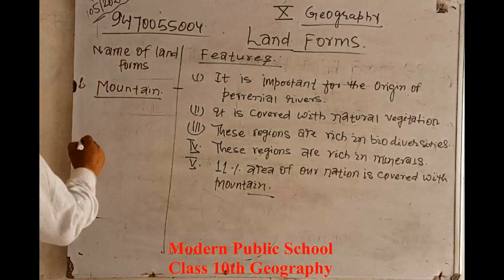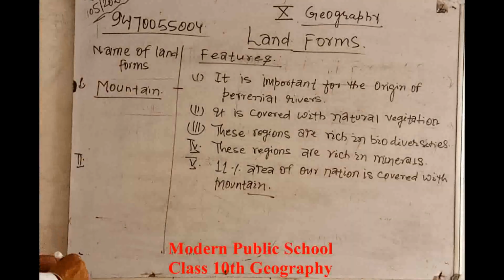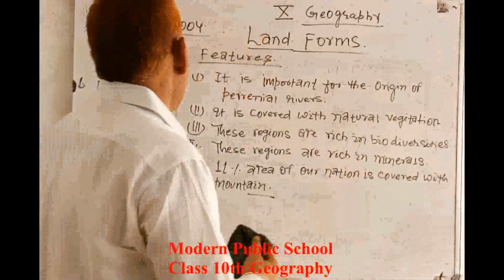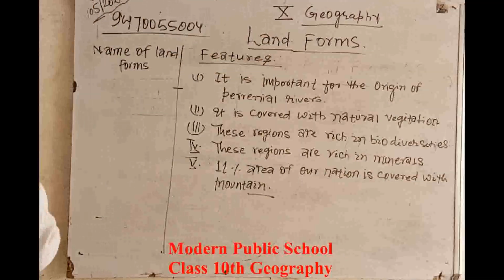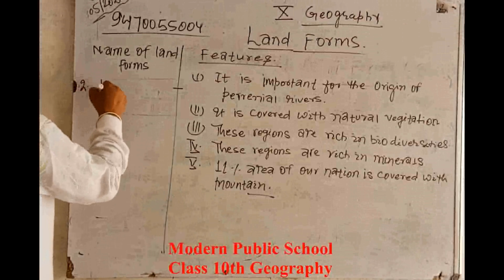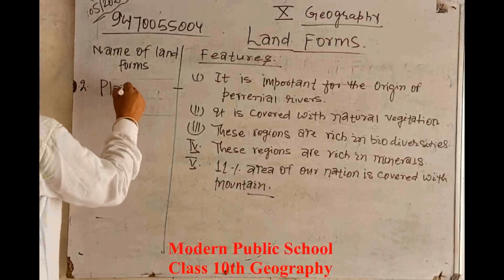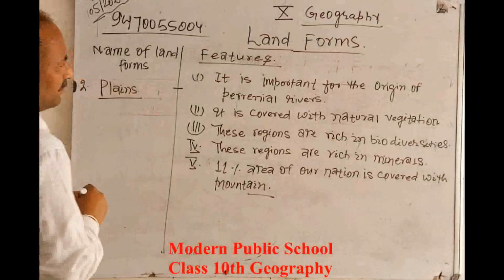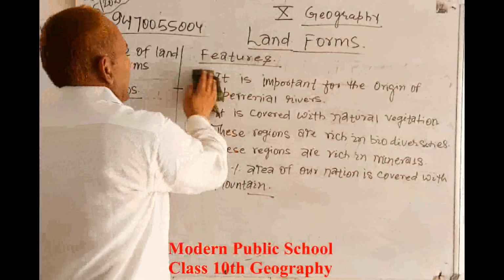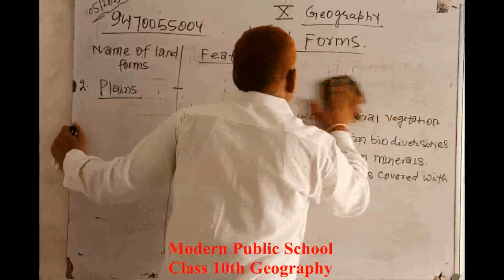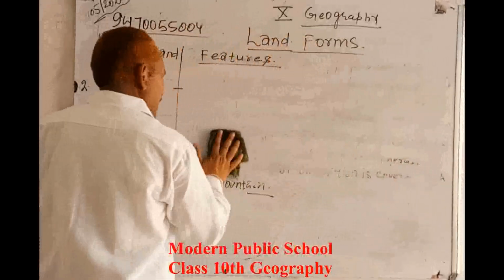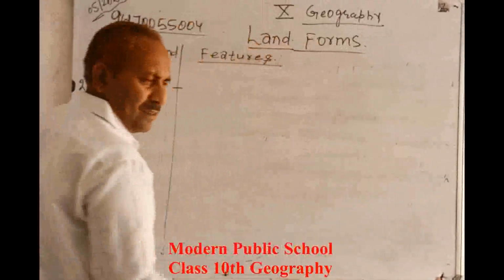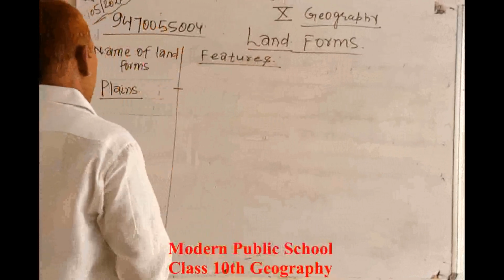And second topic हो जाएगा. The first mountain and second हो जाएगा plains. Okay, and now the features of the plains. अब हम features of the plains देखेंगे. अभी आपने mountains का features देखा, plains का features देखेंगे.